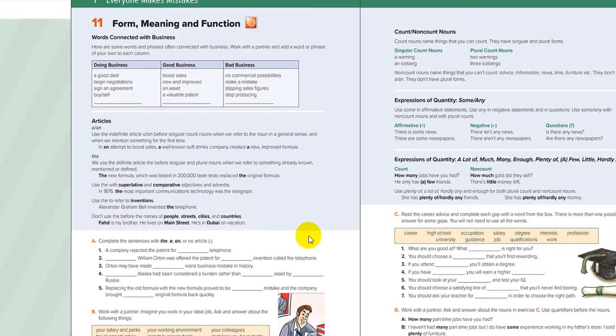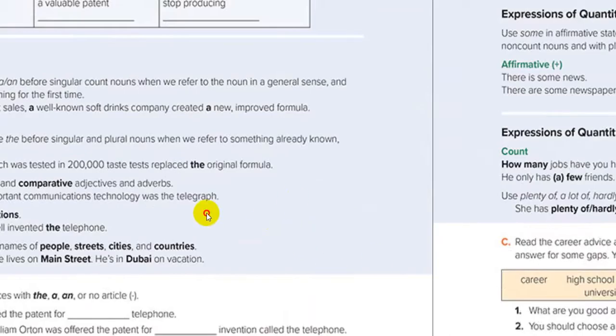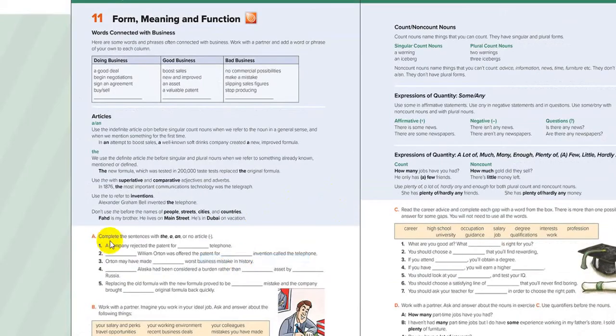Okay? So now let's try together to finish this exercise. Here I say, "the company." A company rejected the patent for what? Telephone.